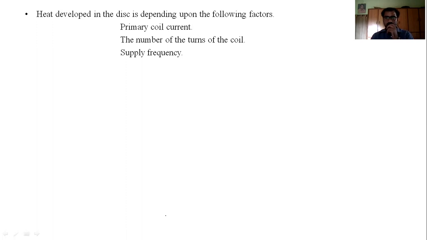At low frequency you are going to have little heat, and for high frequency you are going to have high temperatures. So based upon supply frequency also, heat is developed in the disk.